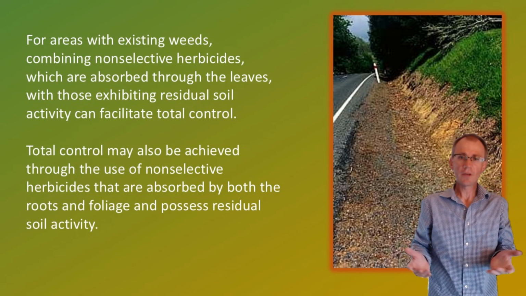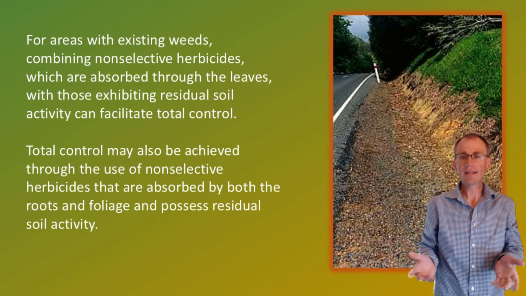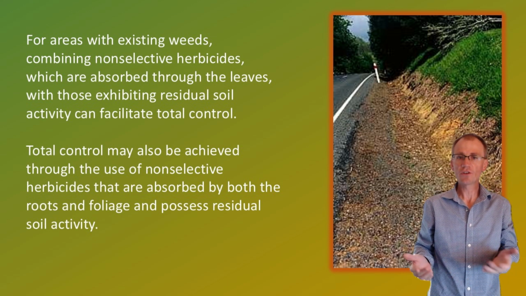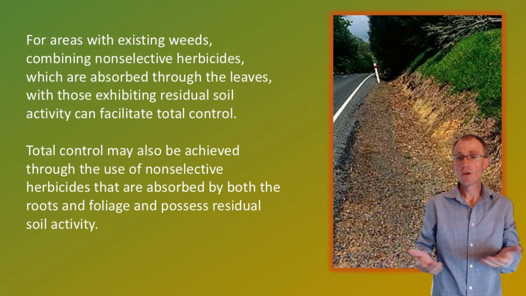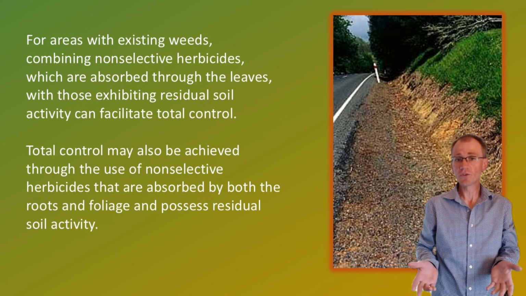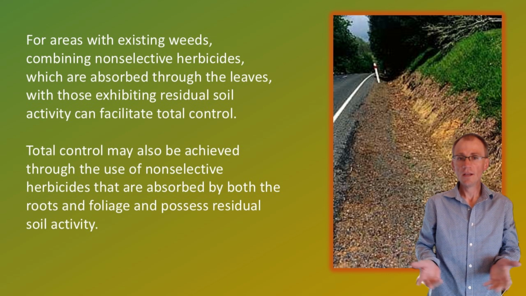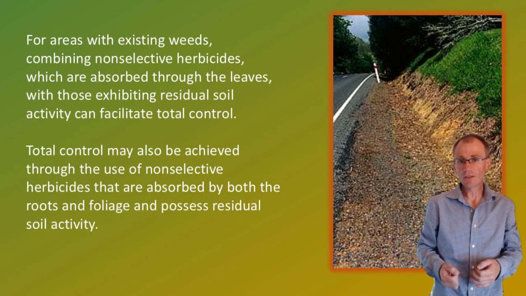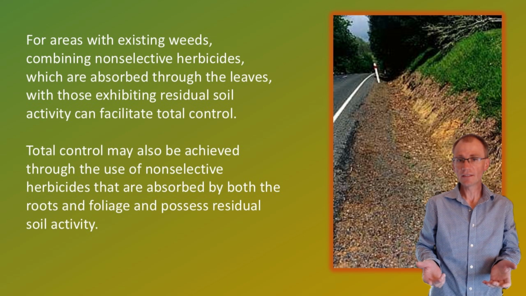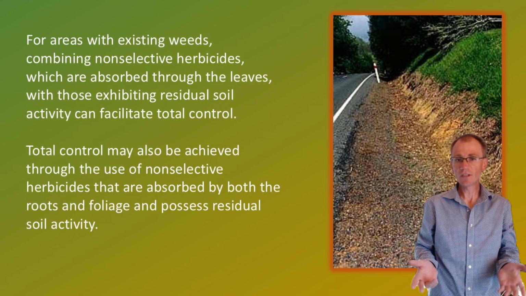For areas with existing weeds, combining non-selective herbicides which are absorbed through the leaves with those exhibiting residual soil activity can facilitate total control. Total control may also be achieved through the use of non-selective herbicides that are absorbed by both the roots and foliage and possess residual soil activity.